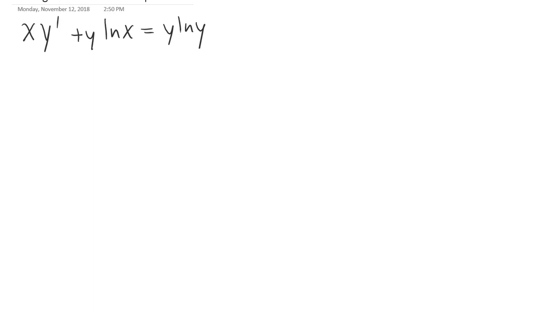In order to use the change of variables, I'm going to need a function that is what we call homogeneous of degree 0. There's a very specific definition of homogeneous of degree 0.